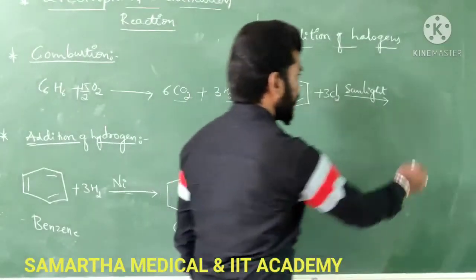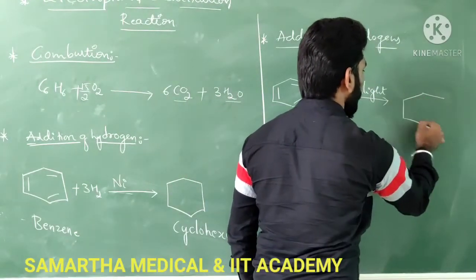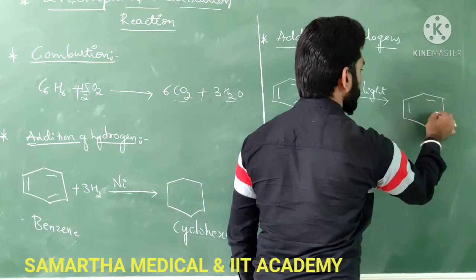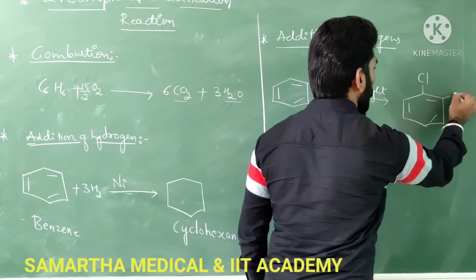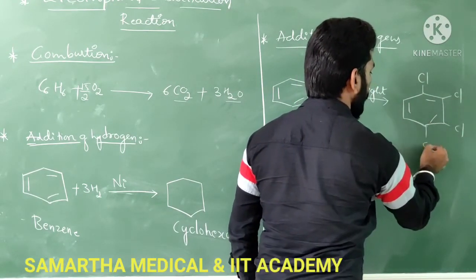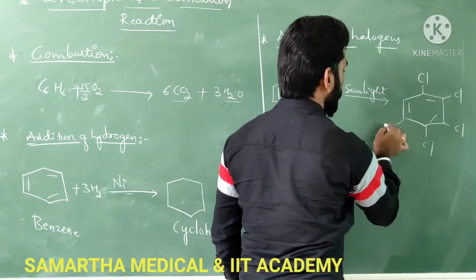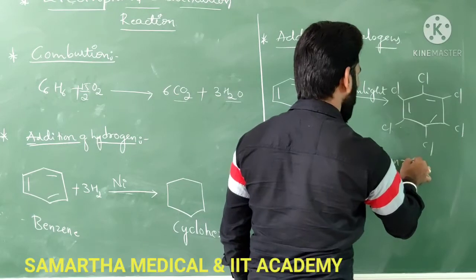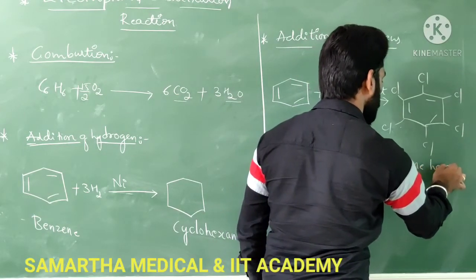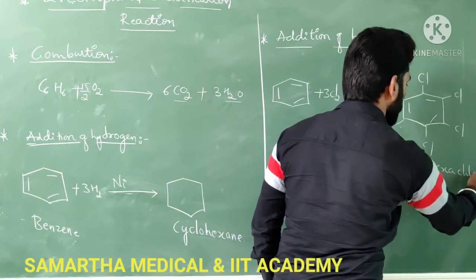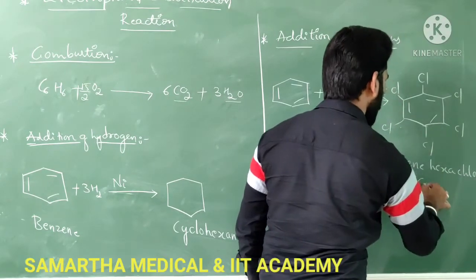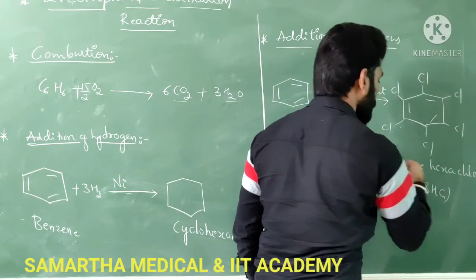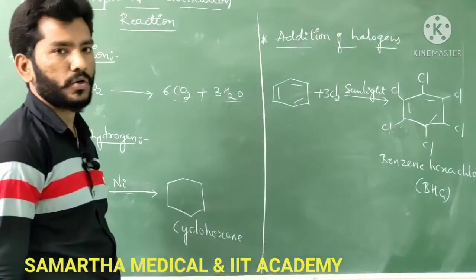So obviously the compound must be, okay, each carbon atom would get a chlorine atom. So thereby it becomes benzene hexachloride, commonly we can say BHC, benzene hexachloride.